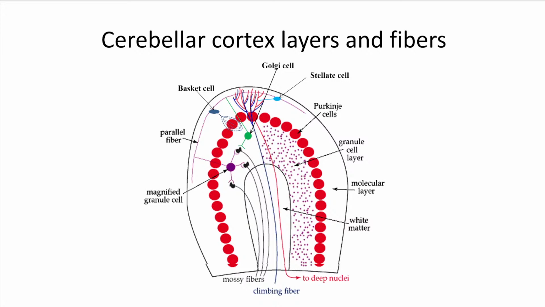Instead, it is occupied mostly by axons and dendrites. The layer below is a monolayer of large cells called Purkinje cells. They are the central layer in the circuitry of the cerebellum. Below the Purkinje cells is a dense layer of tiny neurons called granule cells. And in the center of the folia is white matter with all axons traveling in and out.